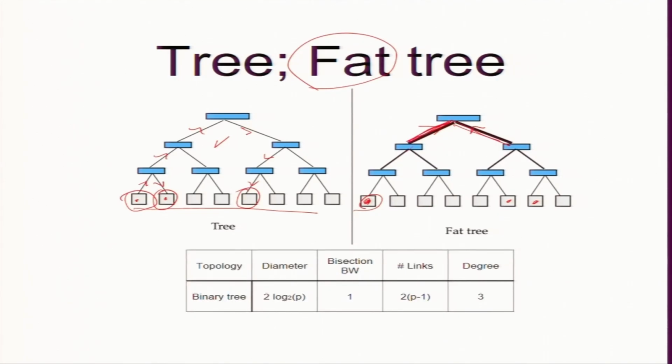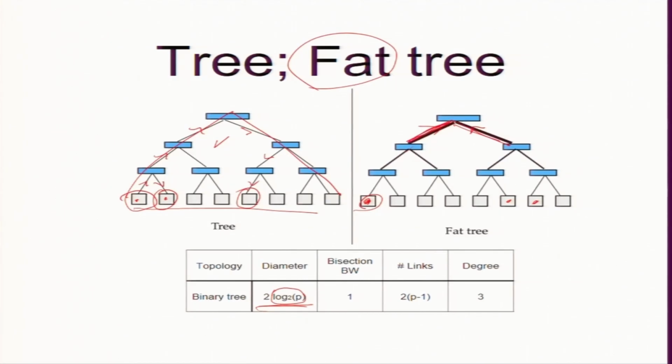And fat tree diameter is log p to the base 2, okay, times 2. So, it is the depth of the tree multiplied by 2, because I go up and then go down. Okay. And what is the depth of a tree? This is the depth of the tree, log p to the base 2. Okay. So, you can just work it out.